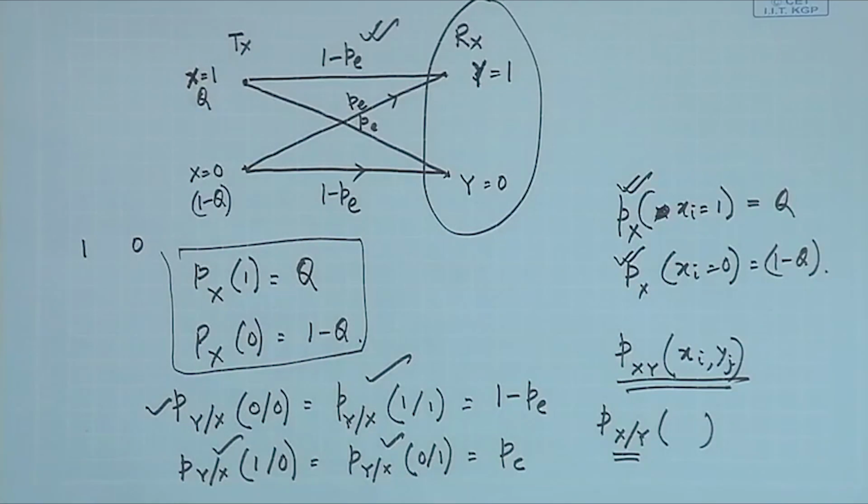Now, the given thing is known to the receiver, because the receiver will be receiving that. The receiver does not know what was transmitted; he is trying to guess what could have been transmitted. So from this he will be able to back-calculate this particular information. And then he will be able to guess what kind of error he is expecting.